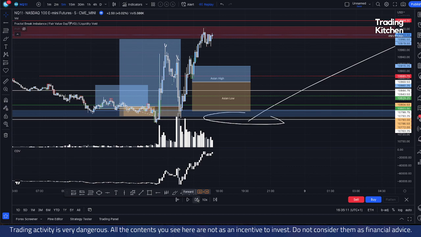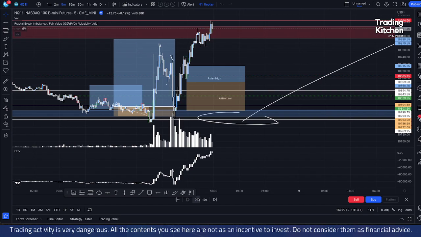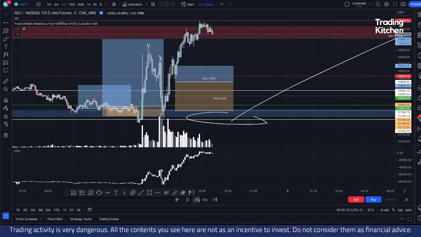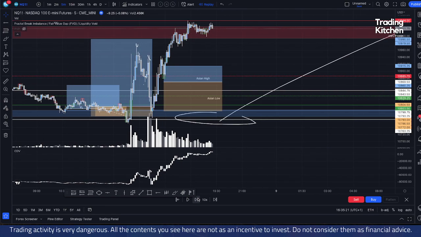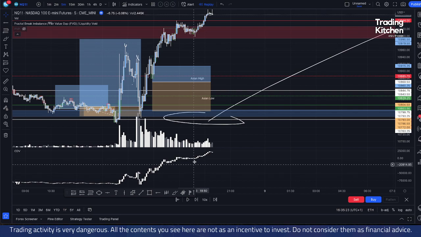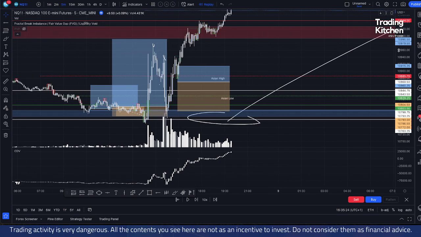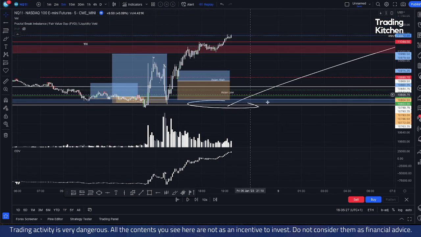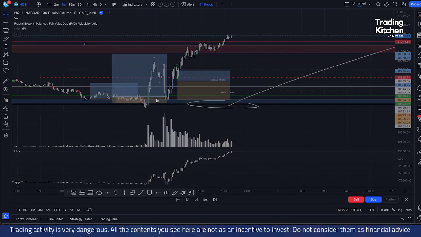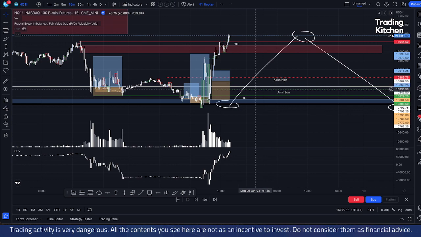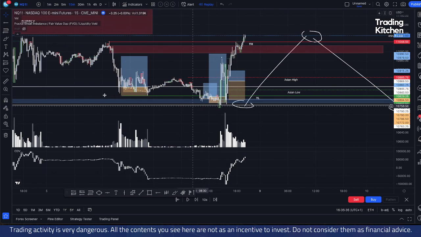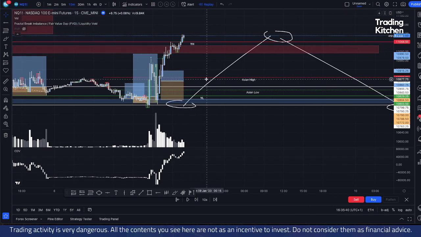Basically, this is my first goal. Now price goes up, and we move on to the next day. Okay, nothing to do, so we are under minus 2R, even if the analysis was good.